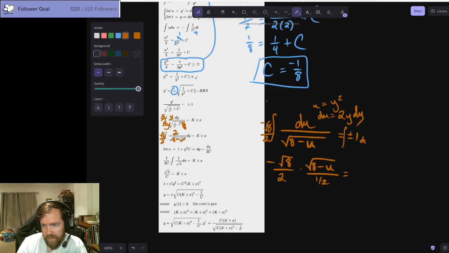It's going to be plus or minus, this is going to be kind of gross here, but yeah, you get the plus or minus x. Alright, the 2 and the 1/2 are going to make 1. Plus c, or plus k you did, so that works for me.